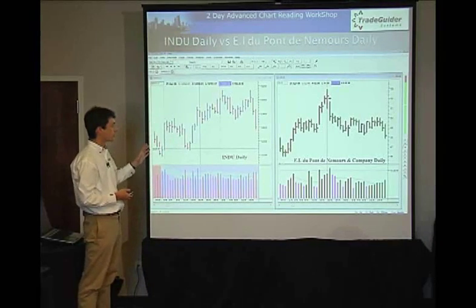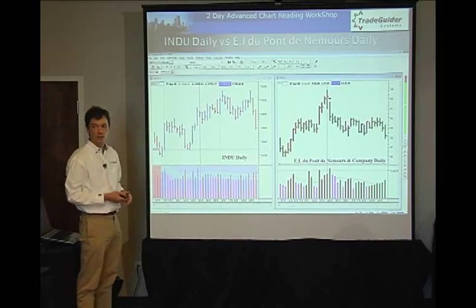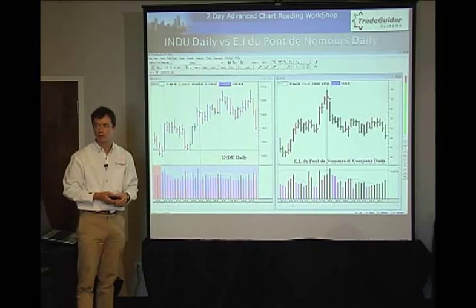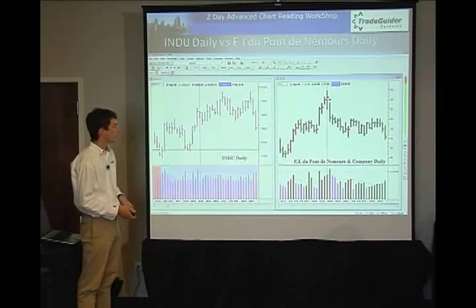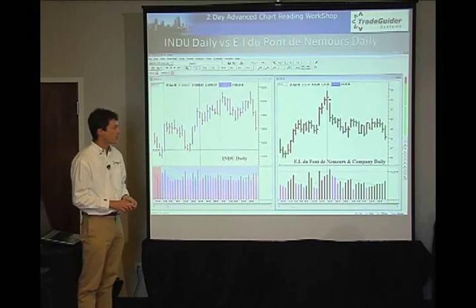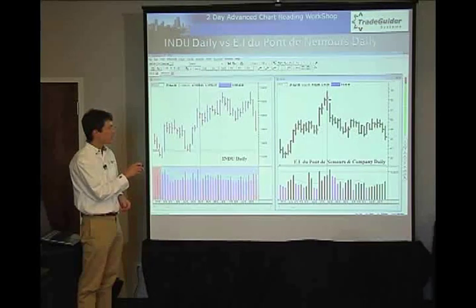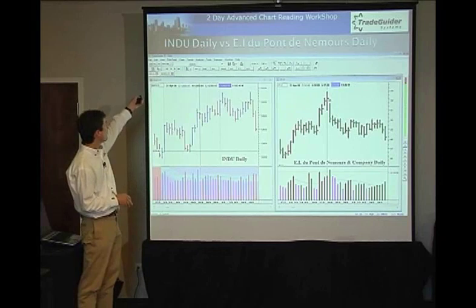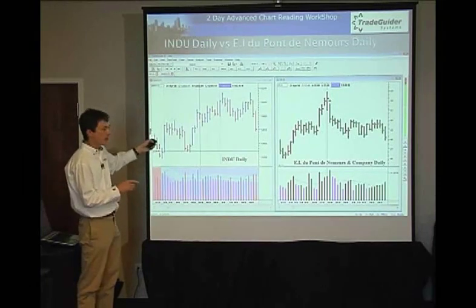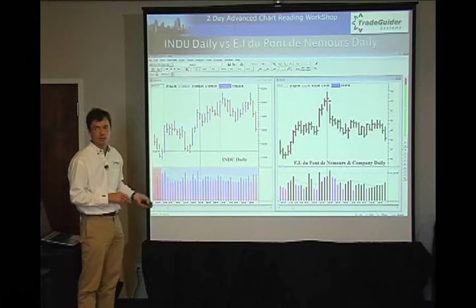This is another way that you can compare stocks to indexes, and then you can see where the rotation, accumulation, distribution phases take place if you're a stock trader. I know some of you do Forex, some of you do futures, but for those of you who are stock traders, this is a really important trading method. If you go to File, you can then compare or synchronize charts, I think it is.